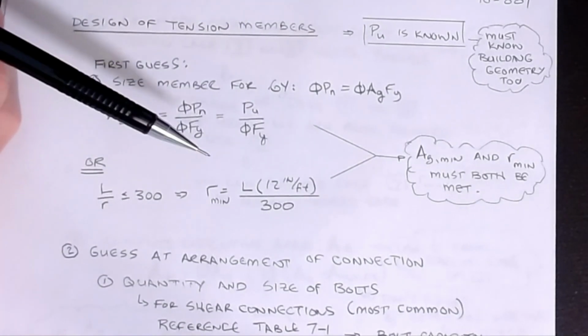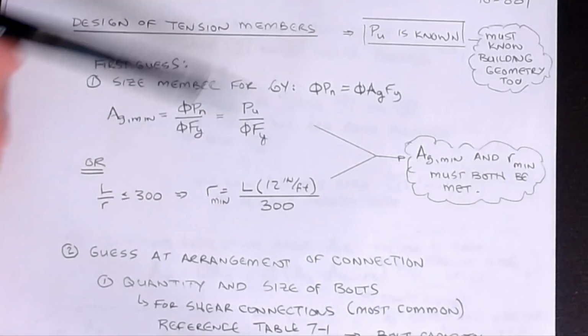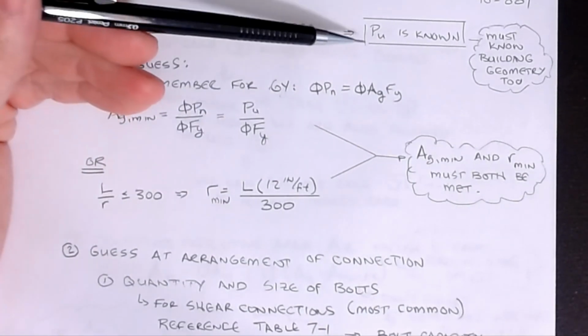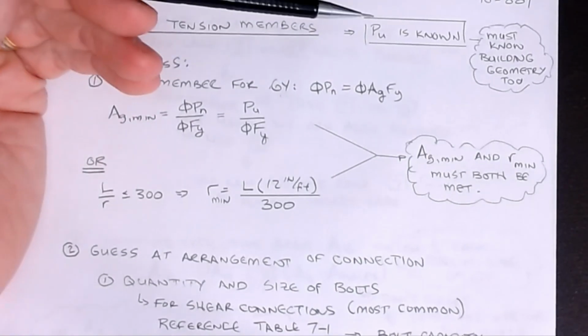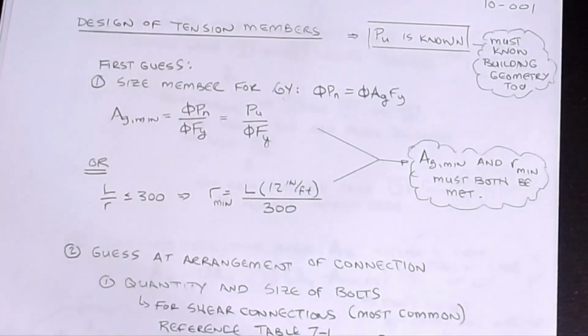Depending on relative stiffnesses and the way the building is framed, a lot of that is changing. So we're going to go under the assumption that we have an idea of Pu, as well as knowing something about the building geometry. And generally, you have to know that. How far apart are the columns, how tall is the floor height, where is the bracing located, things like that. I've got to know, or at least have made some decision, and otherwise this whole process is kind of a moot point.